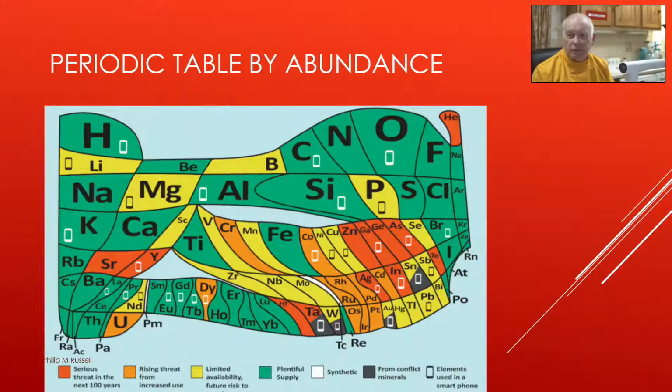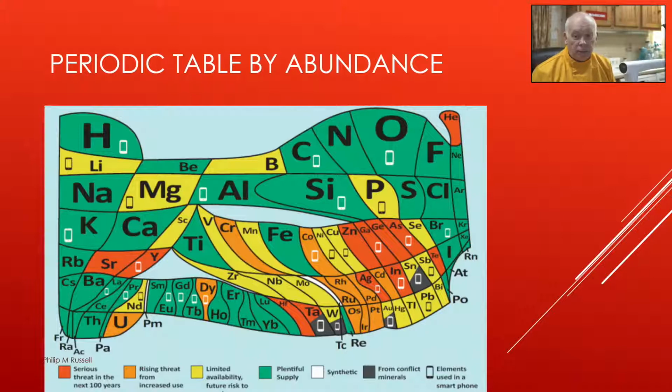These are elements found in and used in a smartphone. And you can see that hydrogen, carbon, oxygen, plenty of magnesium, aluminium, silicon, yeah. But getting further down the list, the elements become more difficult to find, and they get more rare.